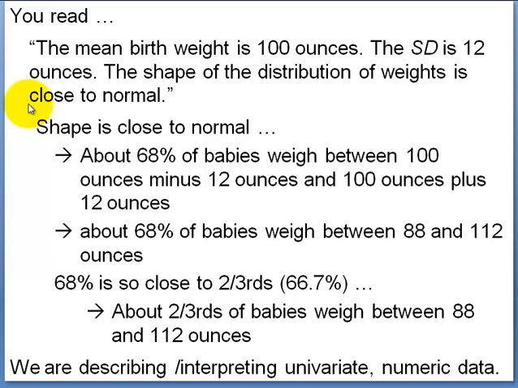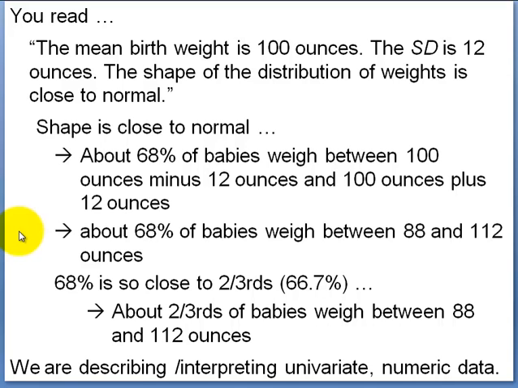So how can you work with this data in your mind to help summarize the information? Well, you know that about 68% of babies weigh between 100 ounces minus 12 ounces, that being the standard deviation, and 100 ounces plus 12 ounces. Therefore, about 68% of the babies are between 88 and 112 ounces.